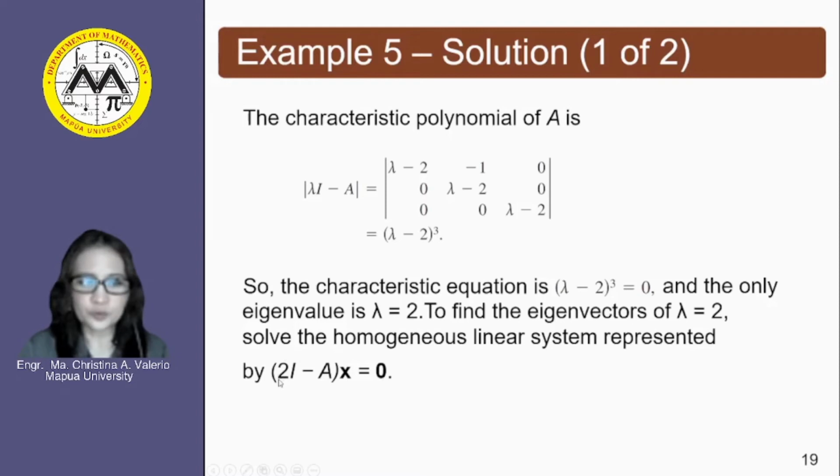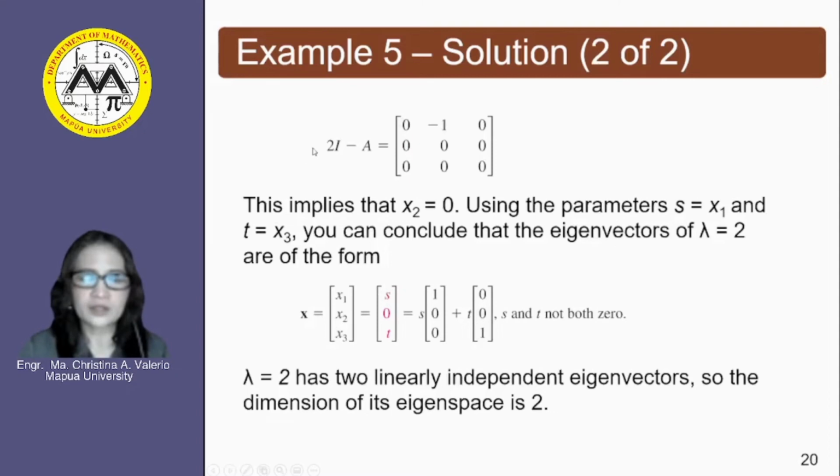So we will have 2 times I, this is the identity matrix, minus A times X equal to 0. And we perform the row reduction operation.